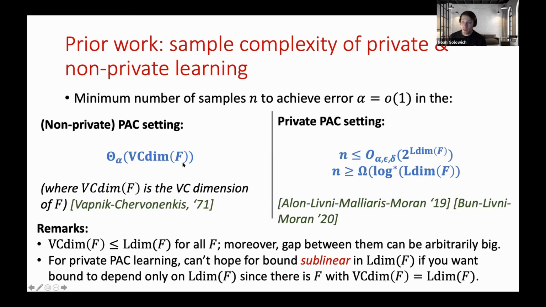And we know that VC dimension characterizes learnability in the non-private setting. So we can't hope to get an upper bound which is better than VC dimension for any class F. And therefore, for such classes F, we can't get something that's sublinear in Littlestone dimension. I'll mention this later, but there is hope of potentially avoiding this obstacle by conjecturing bounds which depend on both VC dimension and Littlestone dimension in particular ways.